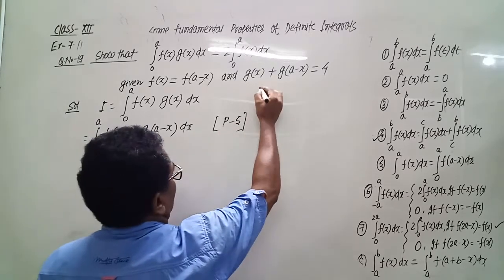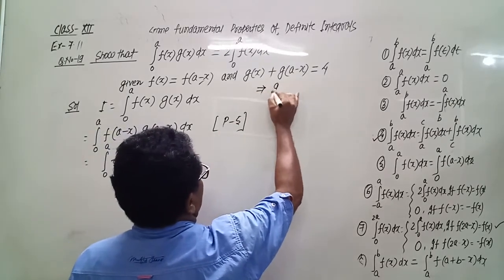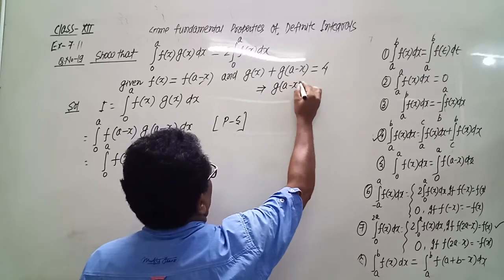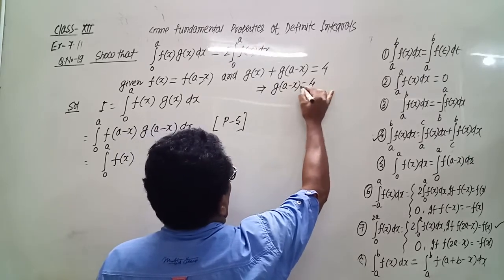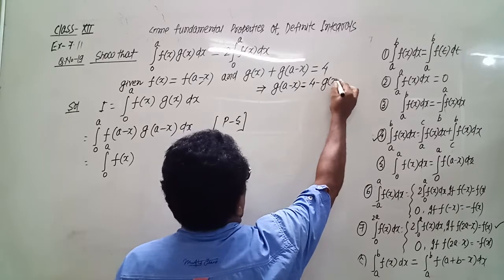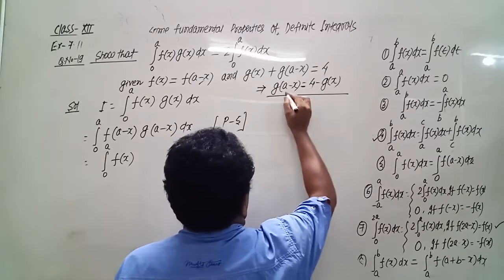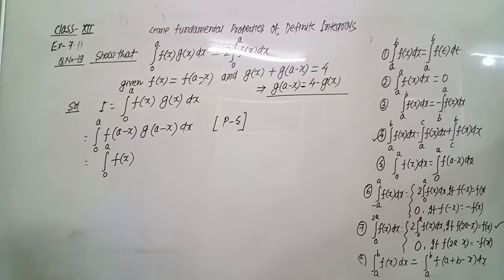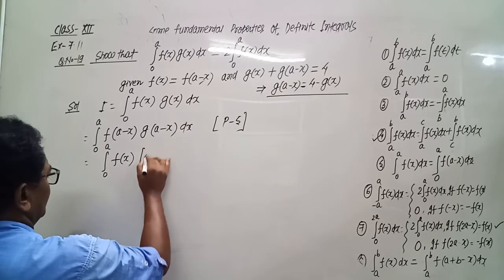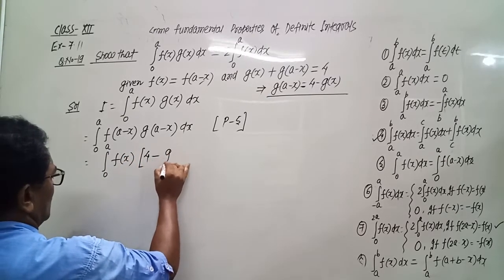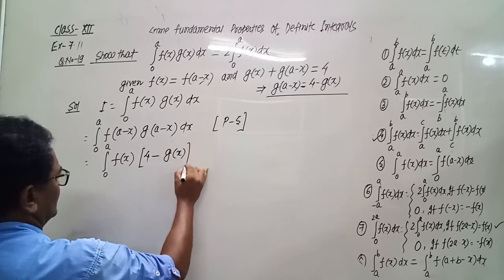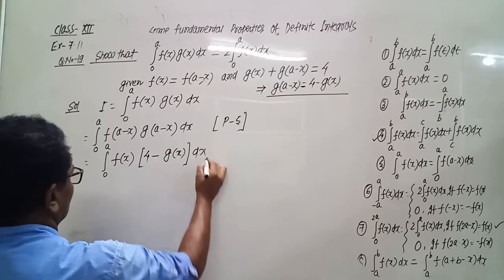And from here we can write g(a minus x) equals 4 minus g(x). So in place of g(a minus x), we place 4 minus g(x), dx.